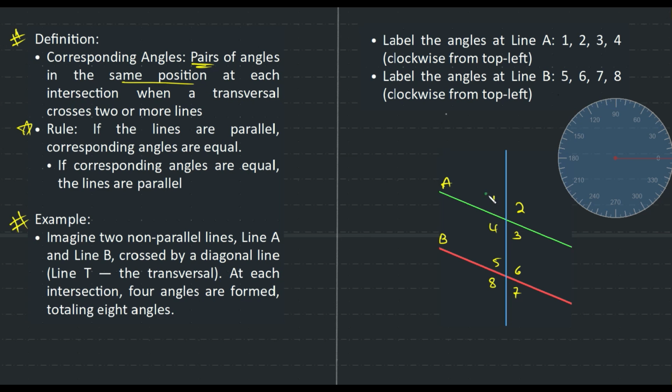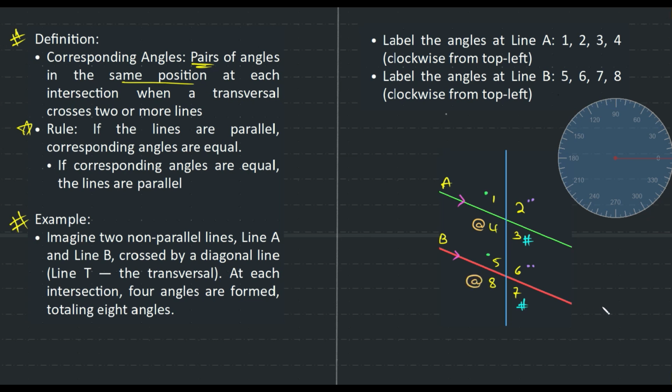See this property actually. So we have 1 equal to 5, 2 equal to 6, 3 equal to 7, and 4 equal to 8, because they are your corresponding angles. And this happens only if the lines are parallel, by the way.